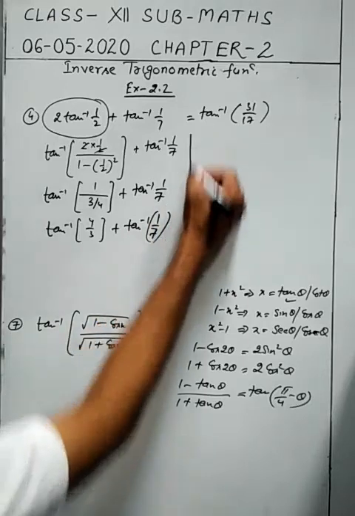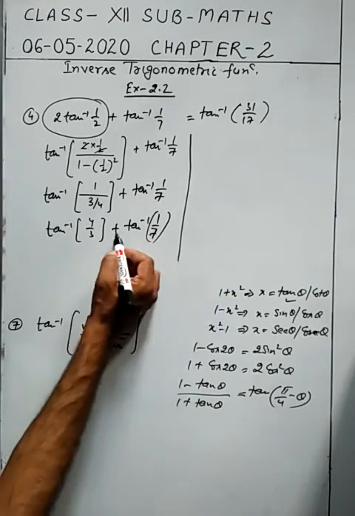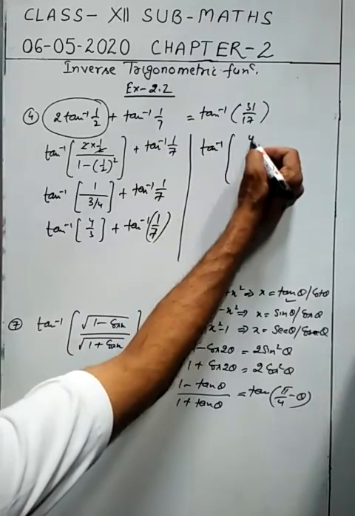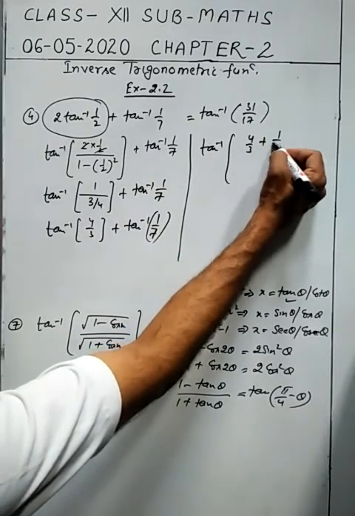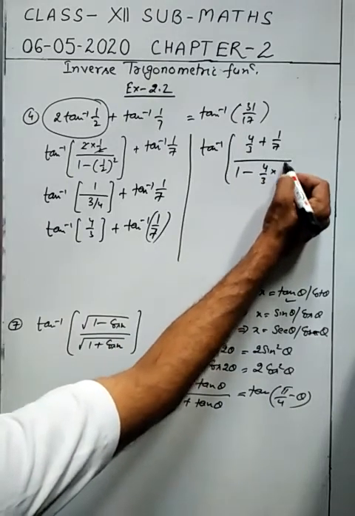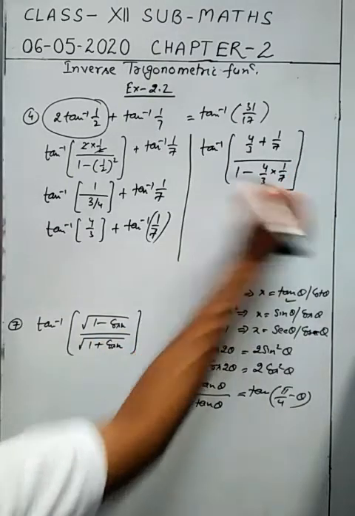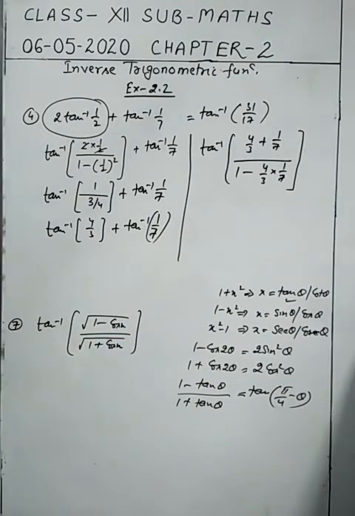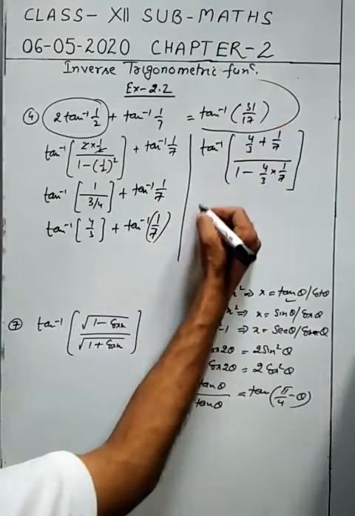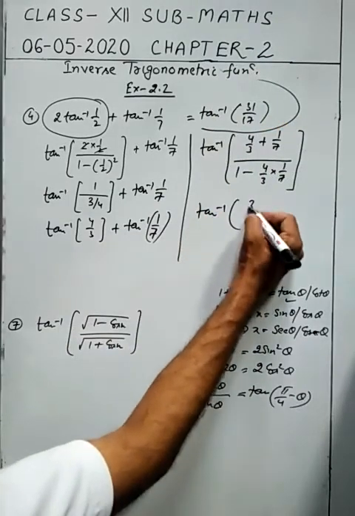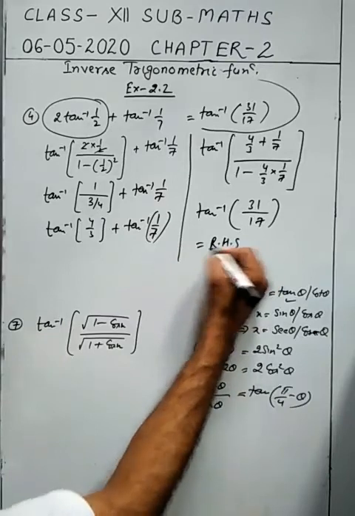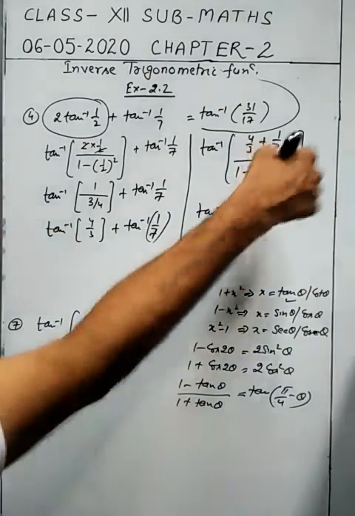Now again the identity tan inverse A plus tan inverse B applies, which is tan inverse of A plus B upon 1 minus A into B. On solving this, you will get tan inverse 31 upon 70, which is the right hand side. I think you know this calculation.